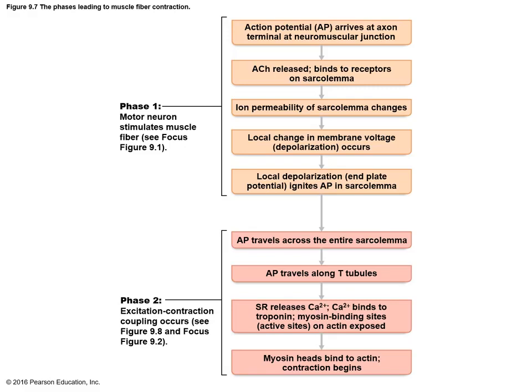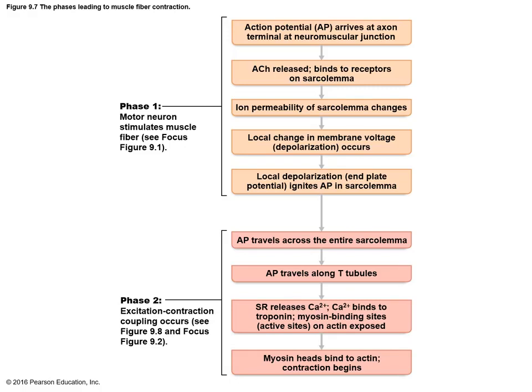When those ions enter into the muscle fiber, it's going to cause a change in the charge, what we would refer to as the membrane voltage. It's going to change it from a negative inside the cell to a positive inside the cell. That's depolarization.